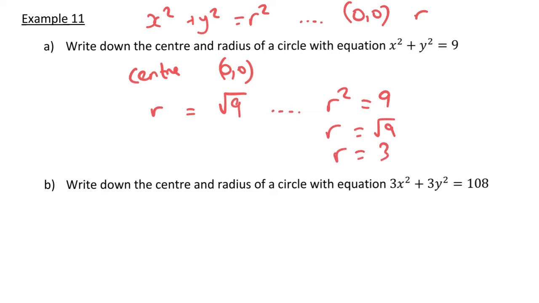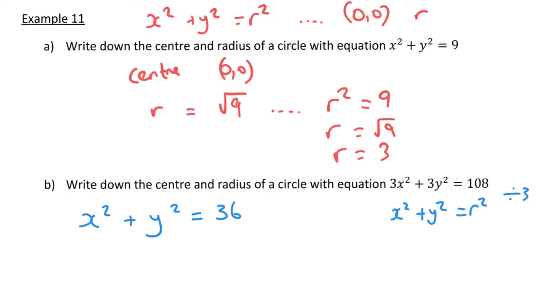Part B, write down the centre and radius of the circle 3x squared plus 3y squared equals 108. Now this is not of the form x squared plus y squared equals r squared, but to get it in that form, what we need to do is divide by 3. And if we do that, we'll get x squared plus y squared equals 36.